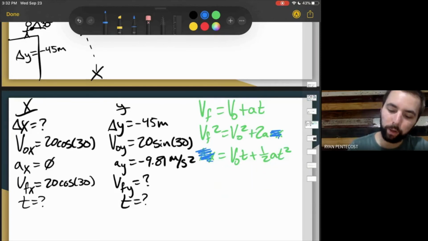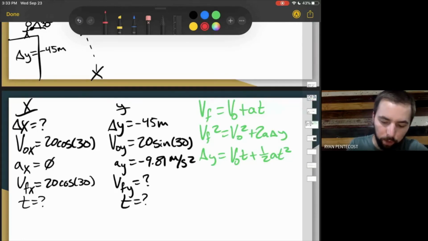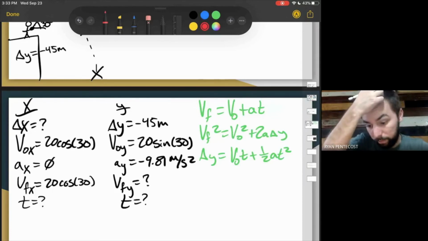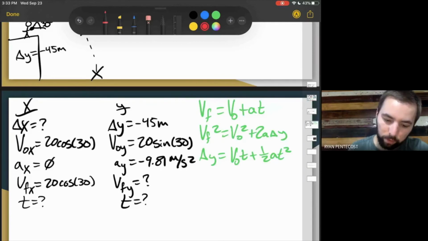So let's try y. Let's see if I can get the squiggles out. Okay. So we're going to solve using y. Let's see what we can get. All right, so nothing is 0 in the y. We don't have v final, and we don't have time. So I think we should solve for v final, then find time.